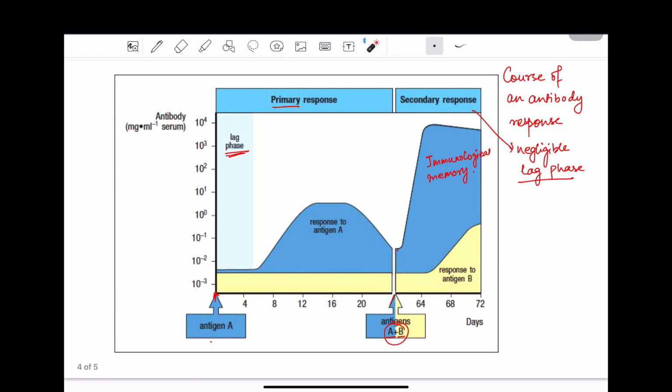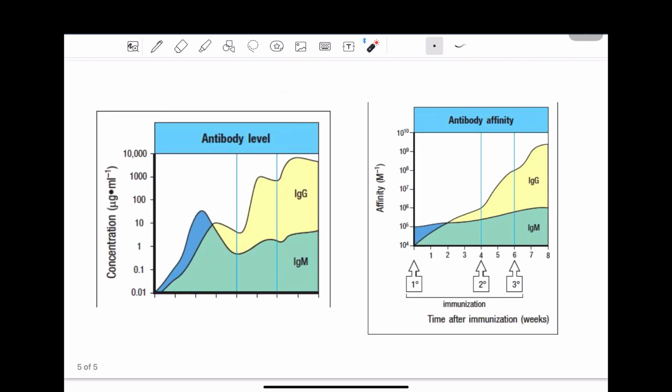Now, what are the antibodies that are produced during the primary and the secondary response? Now, as we can see here, this is showing the time after immunization.